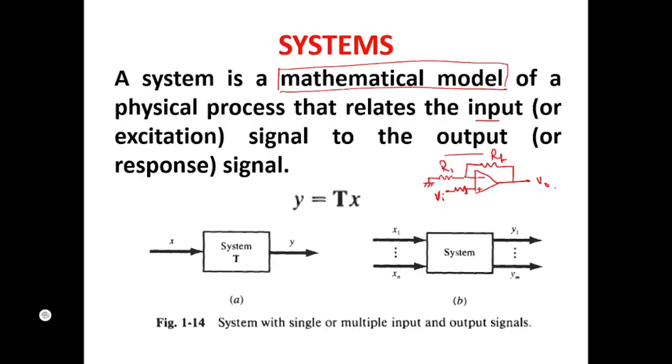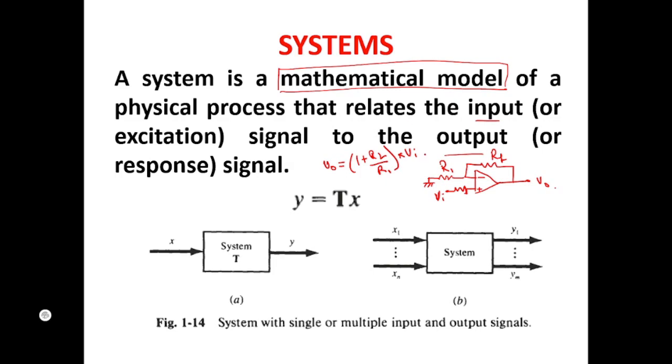So we all know that V0 is given by 1 plus R2 by R1 into Vin.